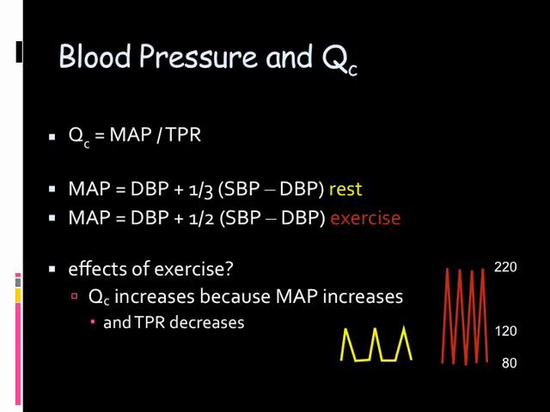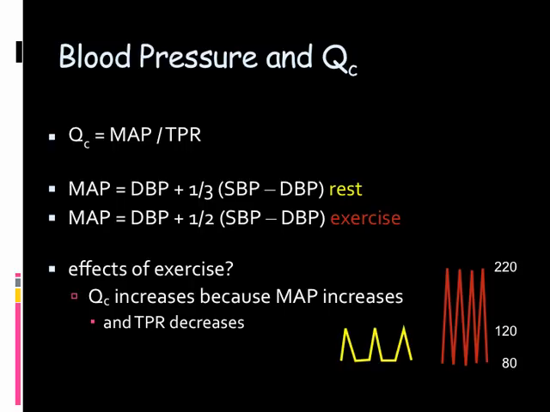But given the fact that we could rewrite the equation so that MAP equals cardiac output times TPR, you can see that you can't always say that two of them cause the third. They're all interrelated. Changes in one cause changes in the other. But from the point of view of this, cardiac output is driven by MAP, inversely related to total peripheral resistance.